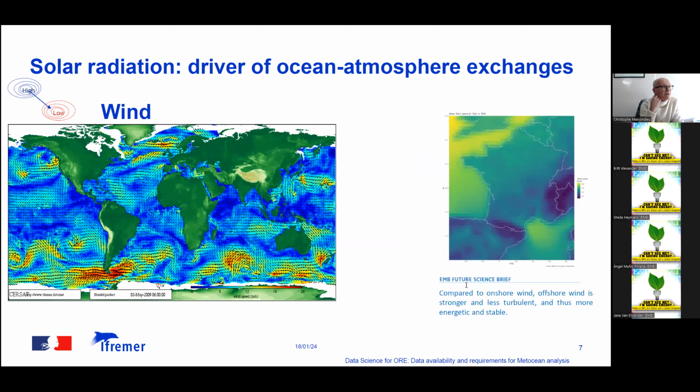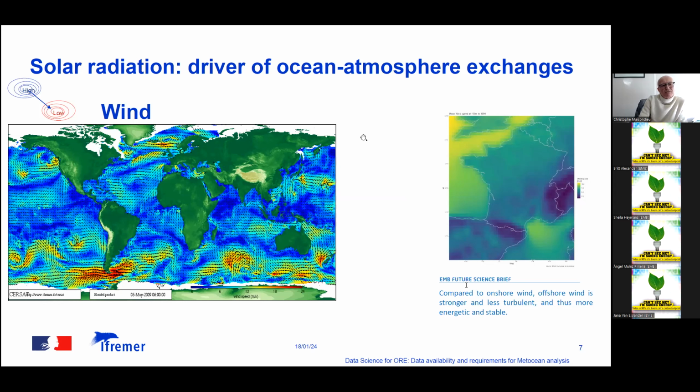The solar radiation is a driver of the main ocean atmosphere exchanges, and it provides heat at the surface of the planet. But this energy is not evenly distributed, hence we have variations in temperatures and pressure, and this imbalance in pressure will be compensated through the generation of flows of the wind.